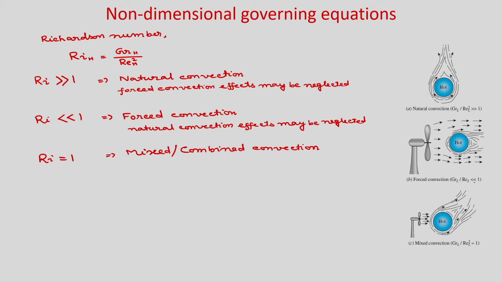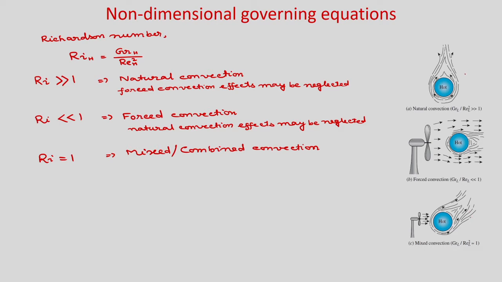Now, if Richardson number is much less than 1, then natural convection can be neglected and you have forced convection. So, you can see this velocity is generated using some fan, and over this hot sphere this flow takes place and heat transfer takes place, and that is your forced convection. But if Richardson number is equal to 1, then you will have both natural convection and buoyancy effect.